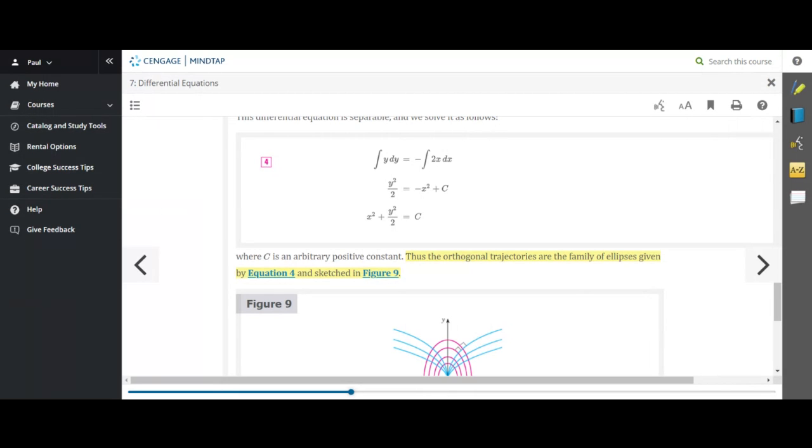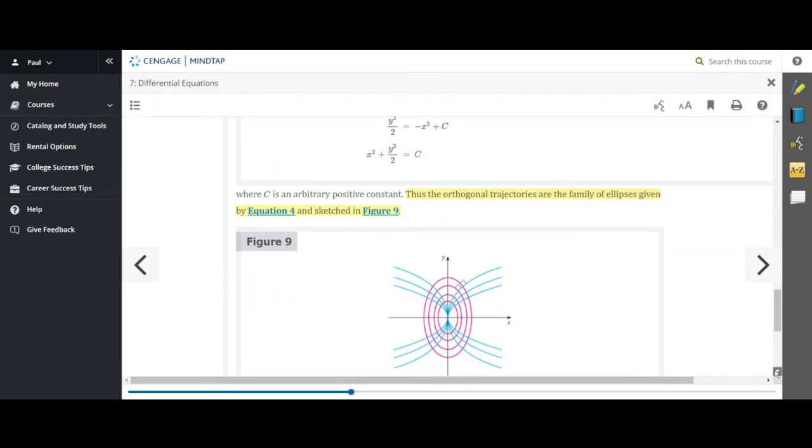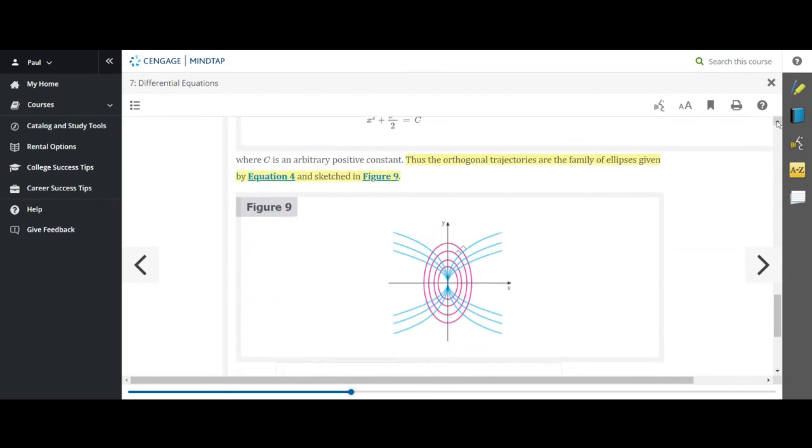And this is again why we could solve this explicitly for y, but sometimes you don't want to, like in this case.